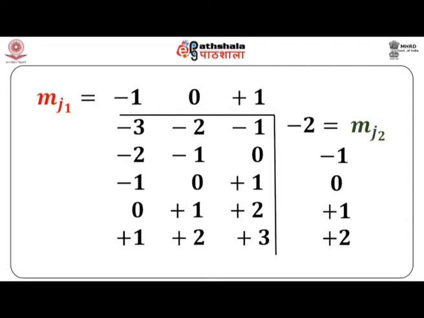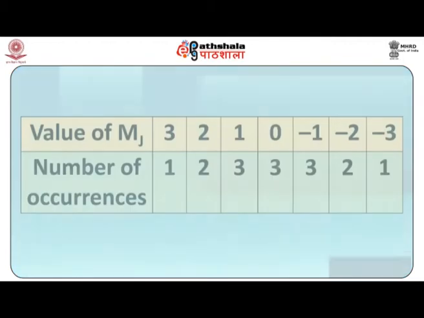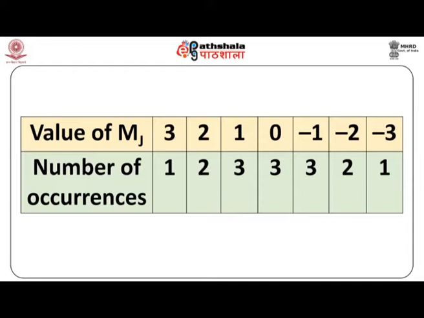Likewise, for mj1 as +1, there are 5 values for mj2 and the combination gives the following results: -1, 0, +1, +2 and +3. Now, if we look at the values of Mj, we find that they are 3, 2, 1, 0, -1, -2 and -3.